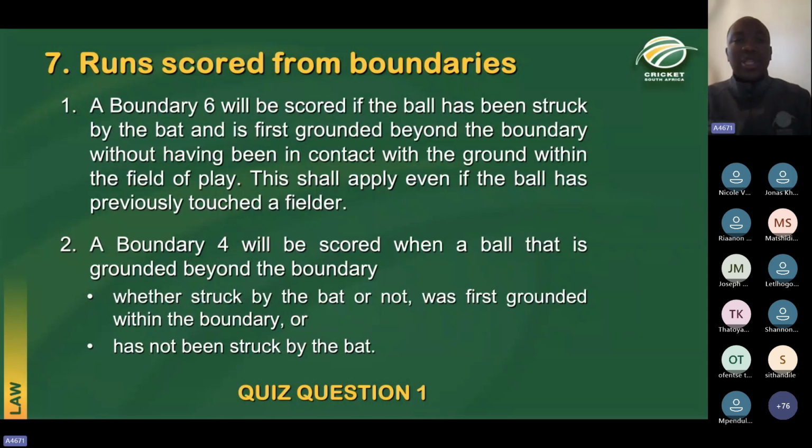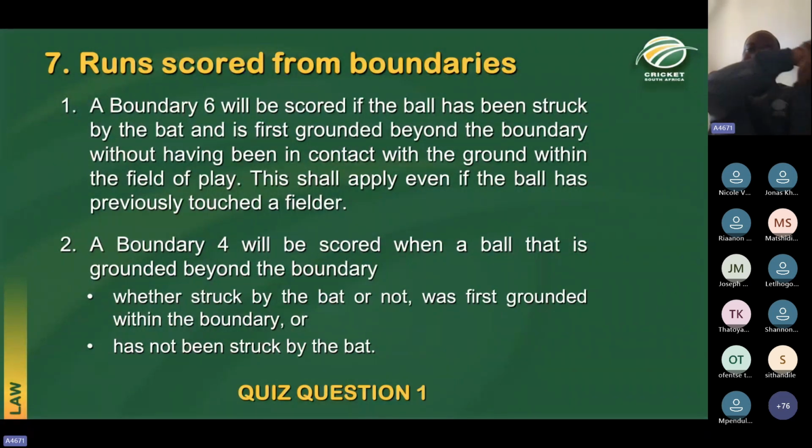So with these 2 definitions in mind, I have our first quiz question for the day. And I want you to type into the chat box Q1 and then your answer. So my scenario goes as follows. A fast bowler bowls the ball and it is a bouncer or a short pitch delivery that bounces quite high.